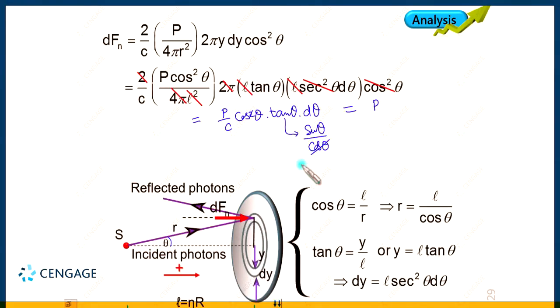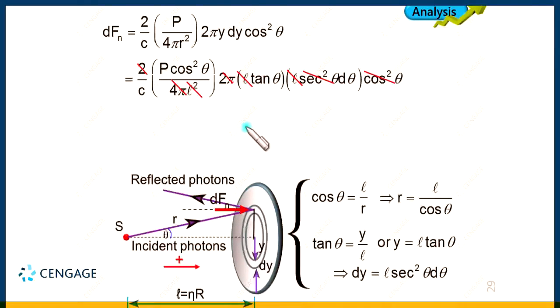So here we can observe cos theta will get cancelled by this cos theta. Finally we get the relation p divided by c, and this is sin theta multiplication cos theta multiplication d theta. Okay, so we can write the value of dfn, this one.